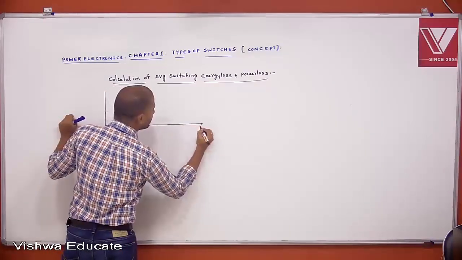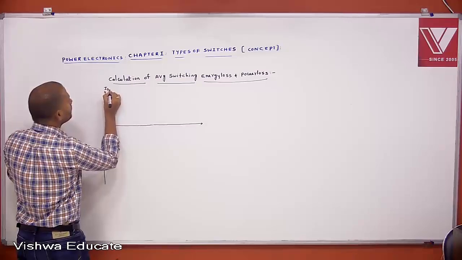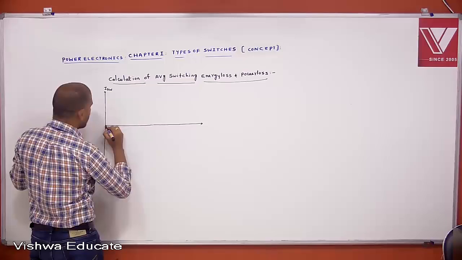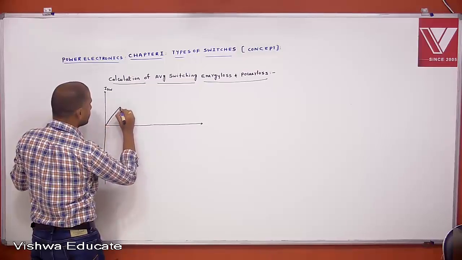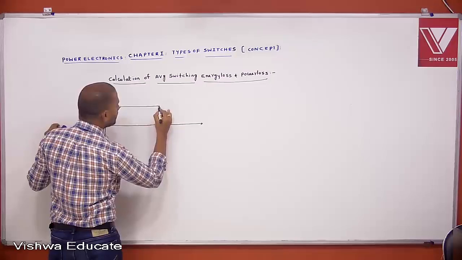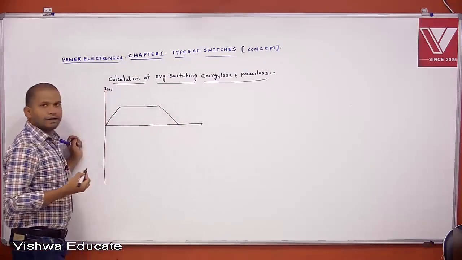Let the current through the switch be ISW. During the switch on condition, current is rising and the switch is conducting. If the switch is in off condition, current is falling.